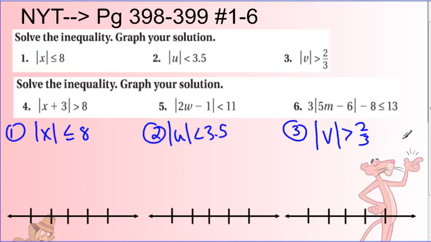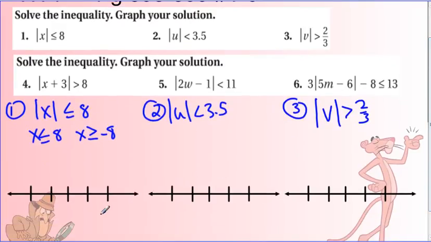Okay, I went ahead and copied these problems down while we were waiting, so it makes it a little bit easier to do. So we have this number 1 here, absolute value of x is less than or equal to 8. So that separates into x is less than or equal to 8, and x is greater than or equal to a negative 8.